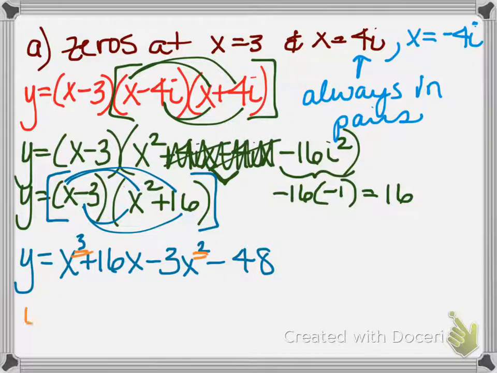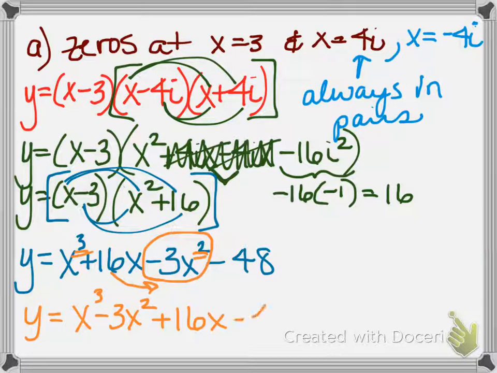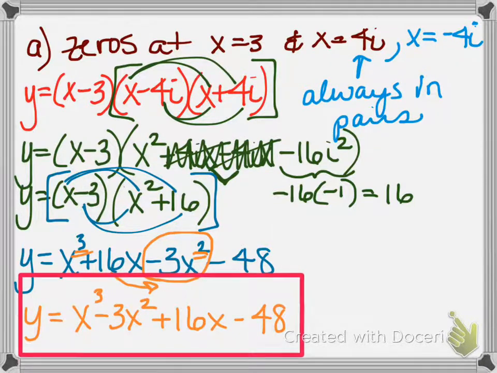So let's rewrite it. x to the third is first, then I'm going to bring this term next, so negative 3x squared, then I'll move my 16x, so positive 16x, and finally the constant at the back. And there is general form of a polynomial function with real coefficients.